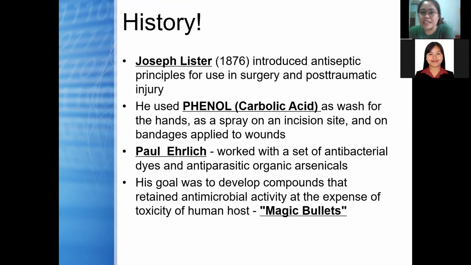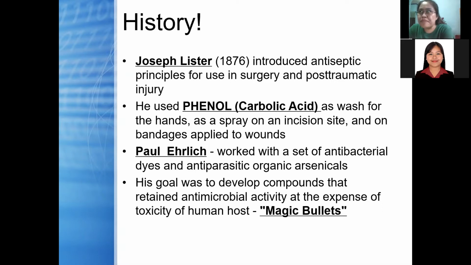It was in 1876 when he introduced the antiseptic principle during operation, like during surgery and post-traumatic injury. Kasi dati, like when they do operation or surgery, they don't really use antiseptic before sila maghiwa and do all the process sa surgery.